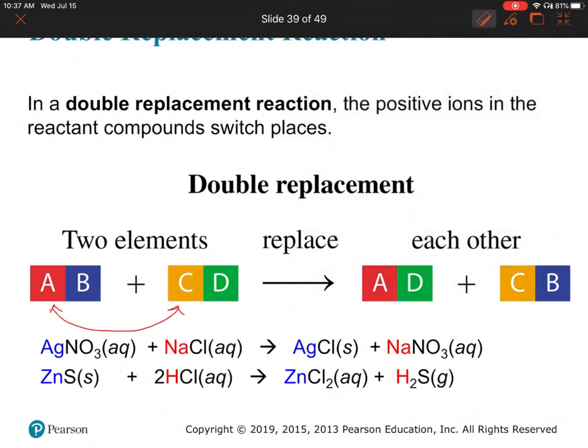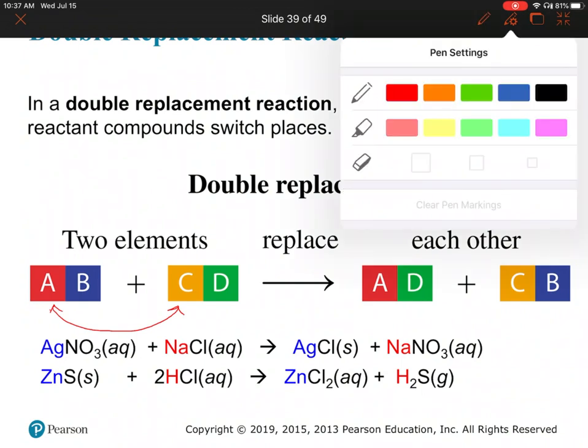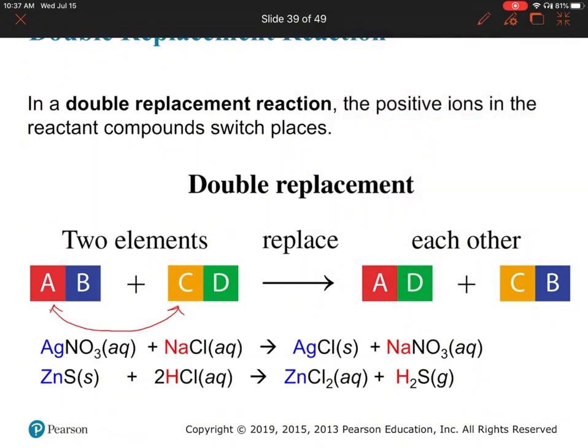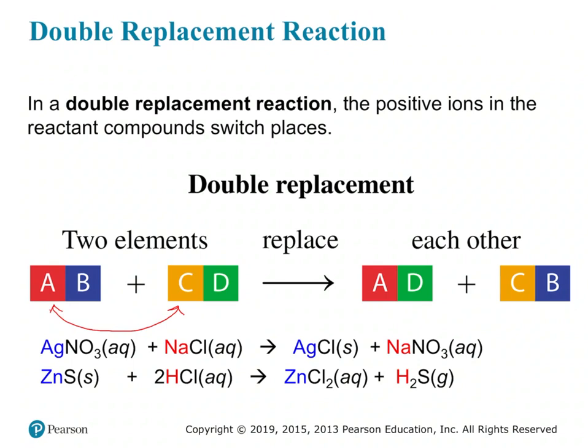So in this reaction, let's say we have a compound AB and another compound CD. Now, what's going to happen is A and C are going to change places. So we'll end up with AD as one of our products and BC as our other product.